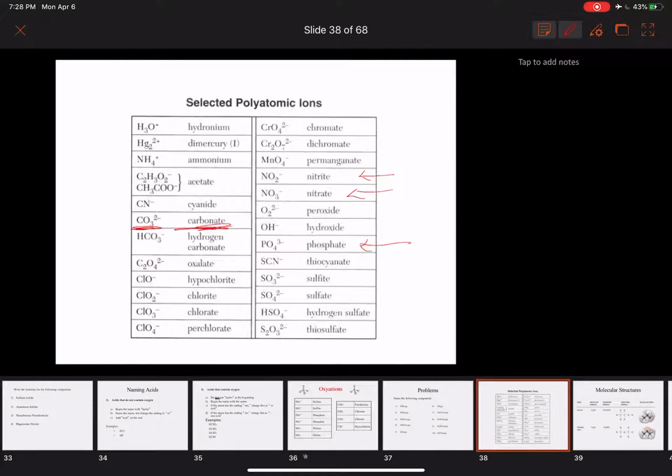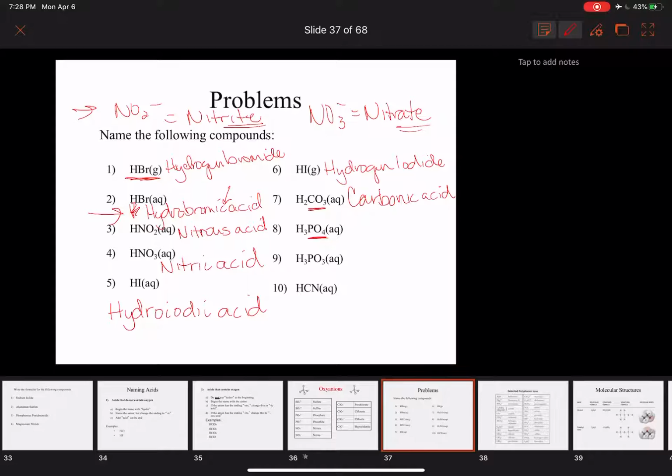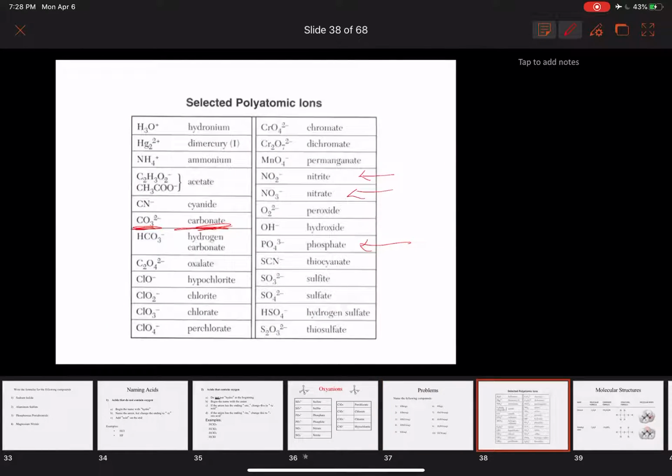So we've got phosphate, so we've got an ate ending again. It would seem that we would call this phosphic acid, but that's another one of those anomalies like sulfuric acid. This is phosphoric acid. Sorry about that, you guys, but that's just how it goes. Okay, so phosphoric acid.